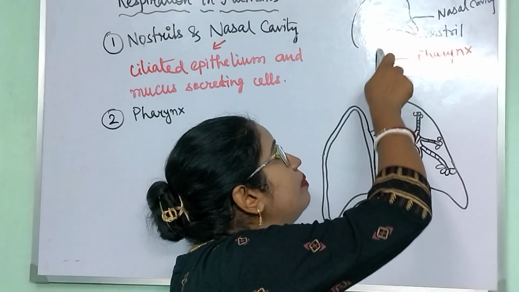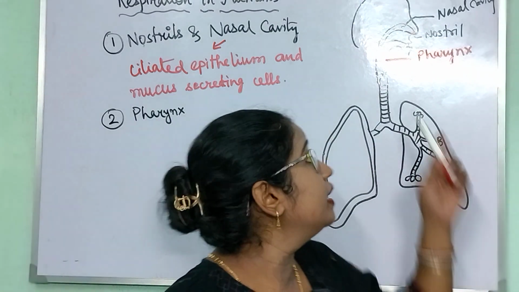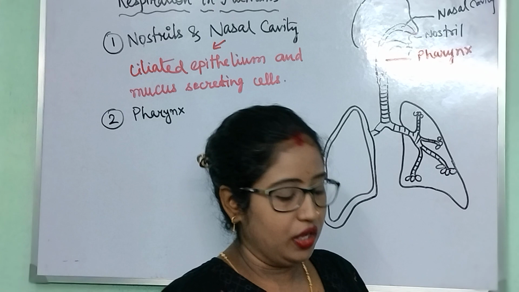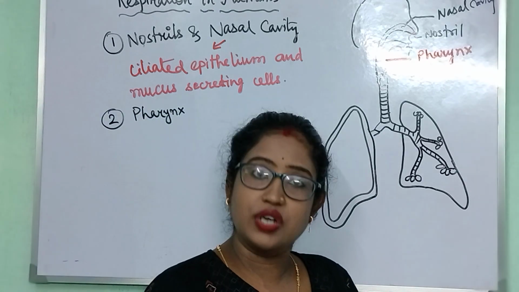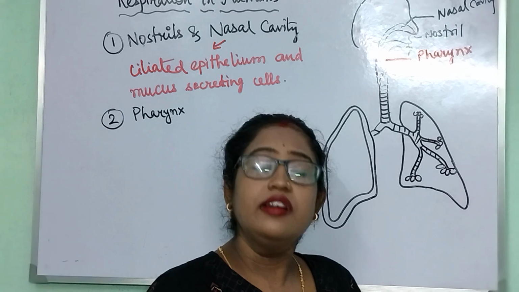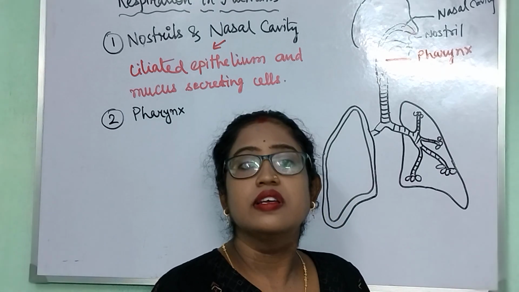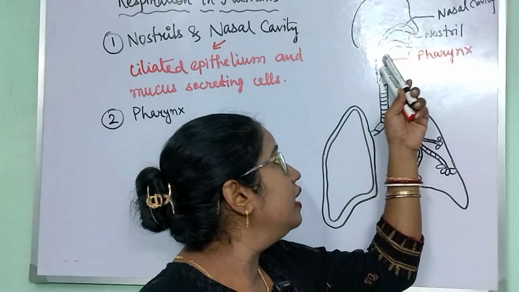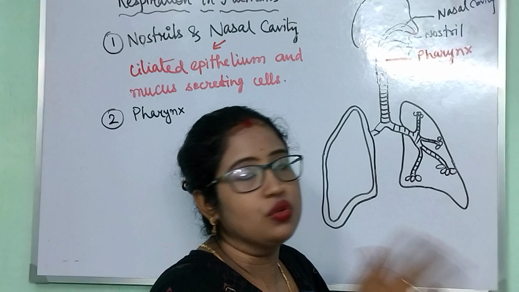But the two cavities meet in a common pipe-like structure known as the pharynx, from where the air passes into the respiratory tract and the food passes into the esophagus.